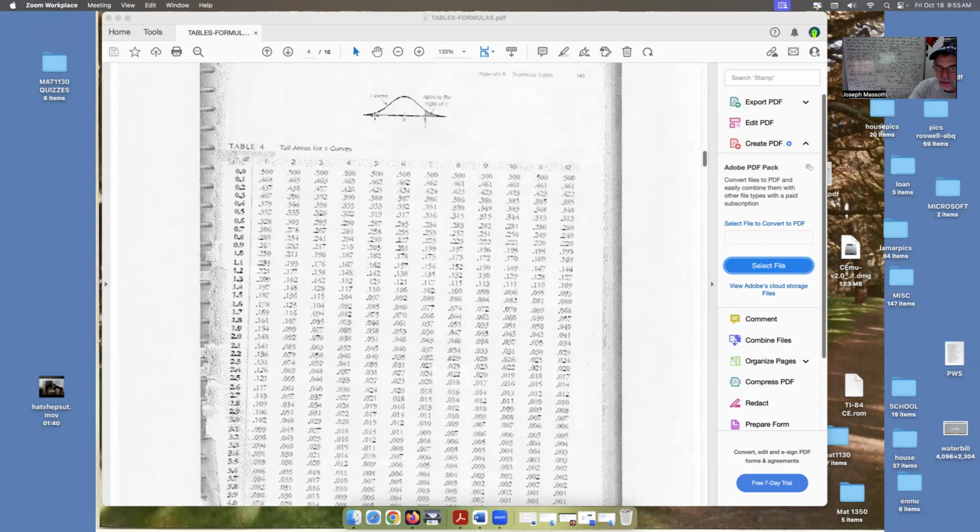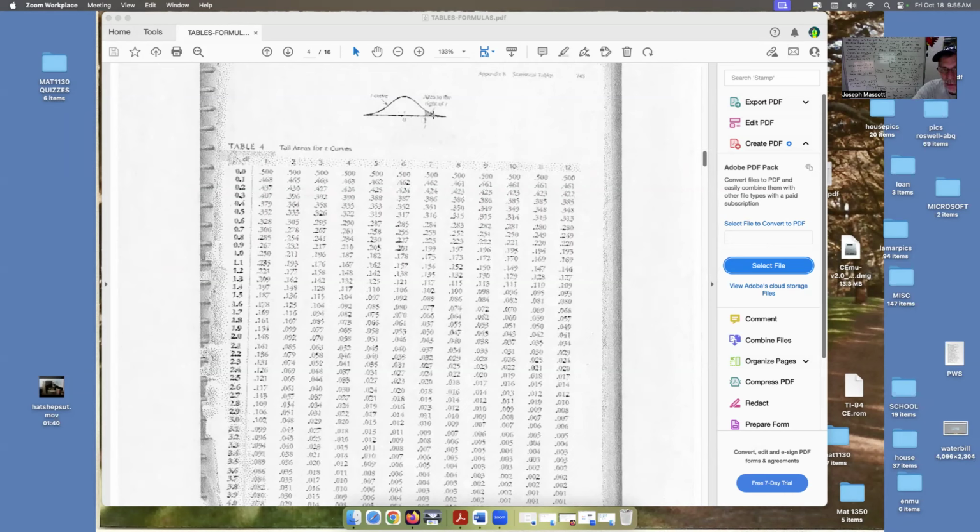Now the t-distribution is a bell curve. As you can see, basically it's very similar to the standard normal, except there's more area on the ends of the curve and less in the middle. But it's still a bell curve. It's still symmetric. Still the total area equals 1.